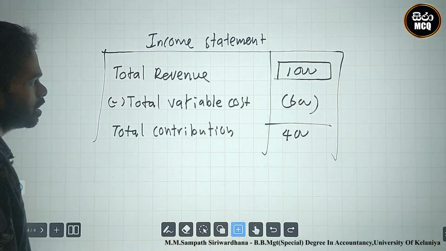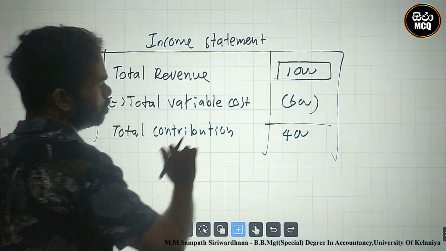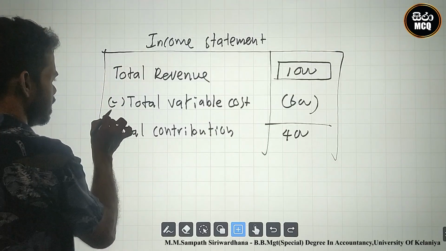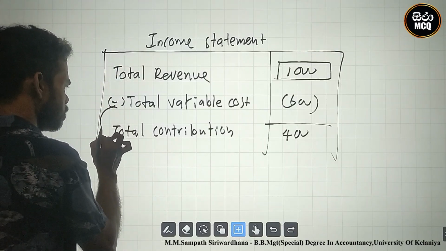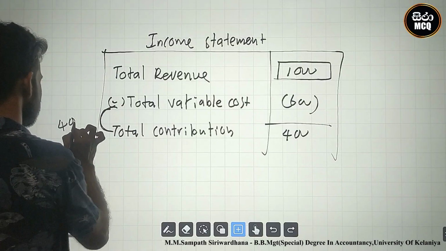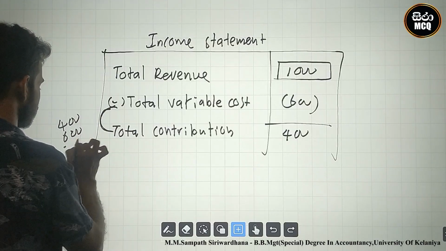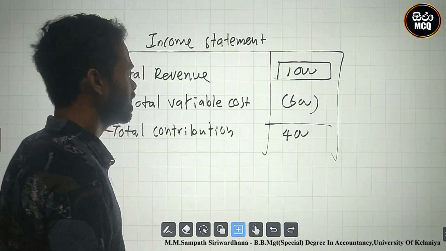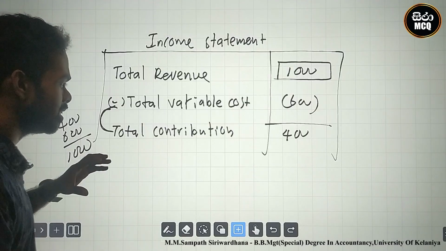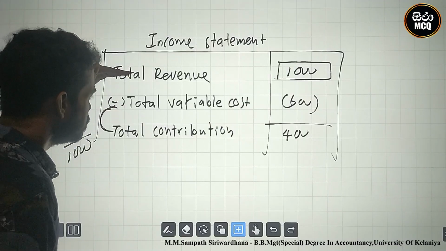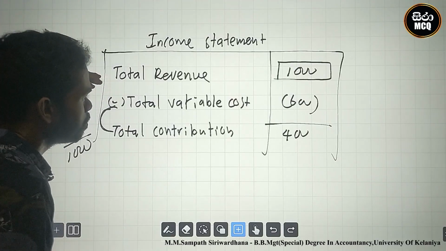Is that correct? Total revenue is 1000. They said collect the total variable cost and total contribution. Collect it: 400 plus 600, 1000. Okay, 1000 is total revenue. Therefore, we can find the revenue minus variable cost.